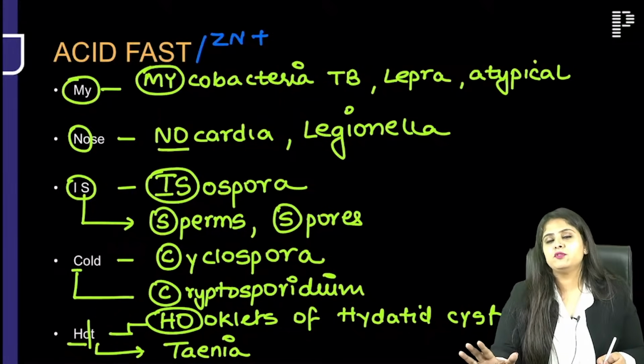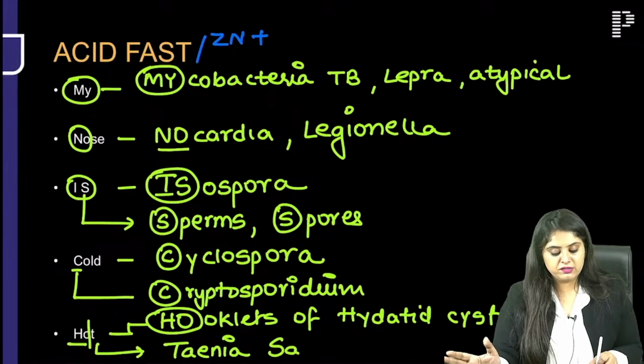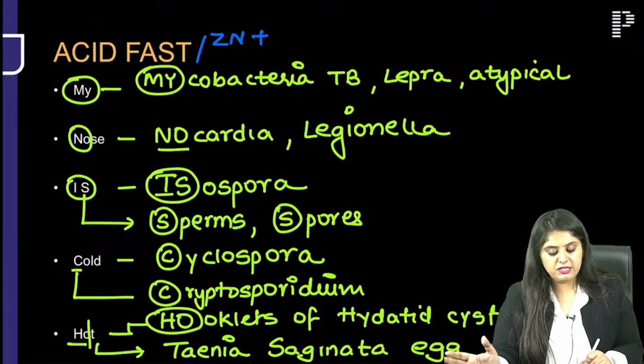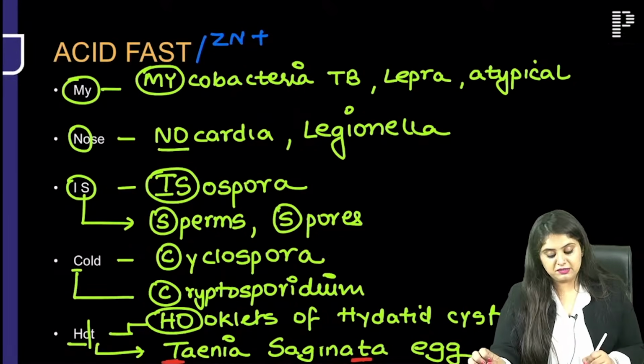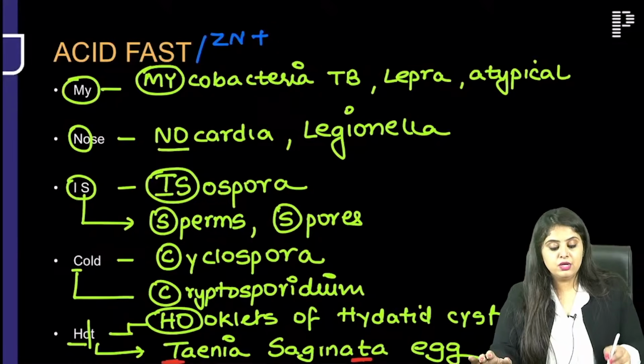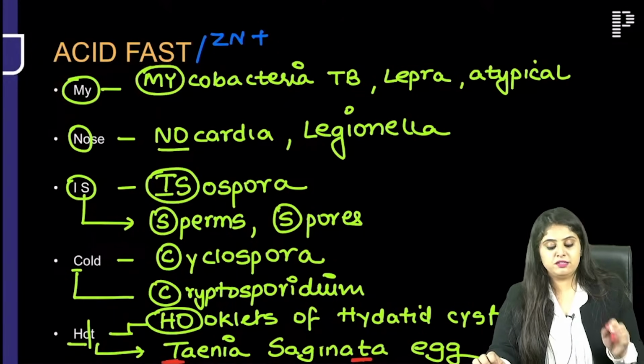By the way, many of you might not know, there is Taenia solium and one of it is known as Taenia saginata. I am writing Taenia saginata. Please note it is the Taenia saginata egg which is ZN positive. I will repeat this once again. I know you will not learn it in one go. My for mycobacteria, every mycobacteria on this planet is ZN stain positive.